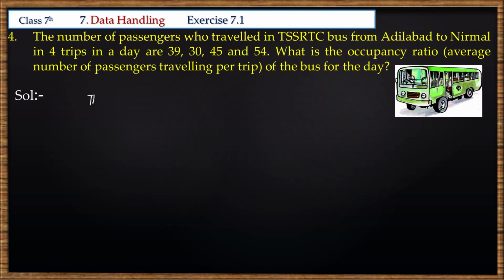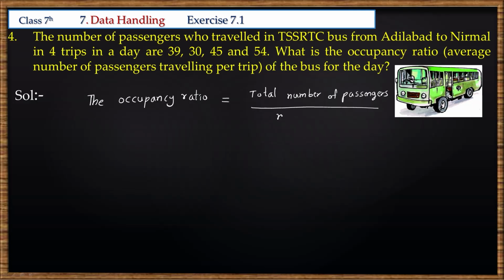The occupancy ratio is equal to total number of passengers divided by number of trips.